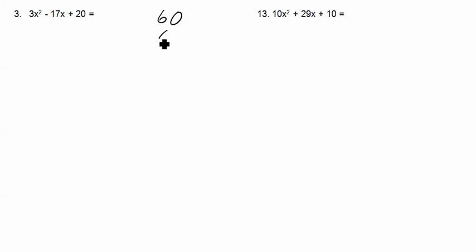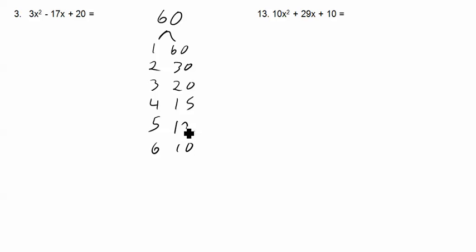So it's going to be 1 and 60, 2 and 30, 3 and 20, 4 and 15, 5 and 12. All right, and then there's 6 and 10 also. The 5 and 12 are the ones that add up to 17.